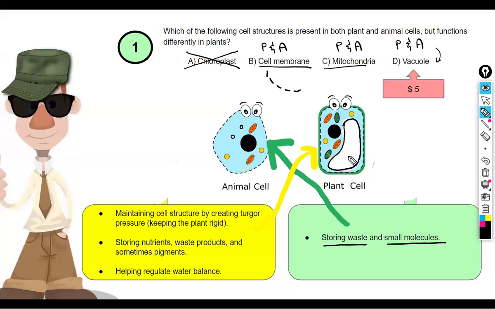It's so large, it gives that shape to the plant cell. But it also stores waste products sometimes and some pigments, and it also helps with water balance. So the vacuole in a plant cell, while it has some similarities to the animal cell, has extra responsibilities assigned to it. So its function in the plant and animal cell are not 100% the same.